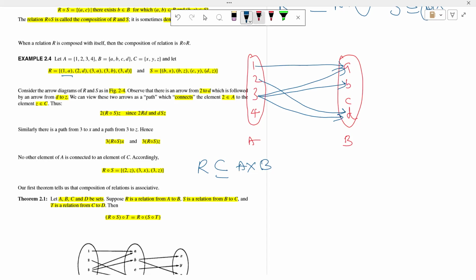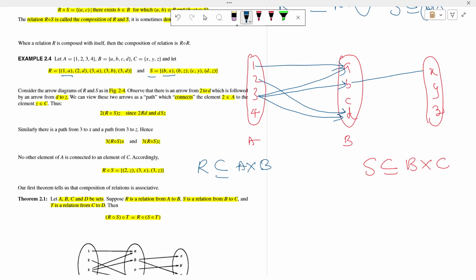Similarly, now they are telling another relation S. That relation S is a subset of B cross C. Now I need to find out the elements of B. So B contains three elements x, y, z. The set C contains three elements x, y, z. Now the second relation S: first ordered pair is b to x.